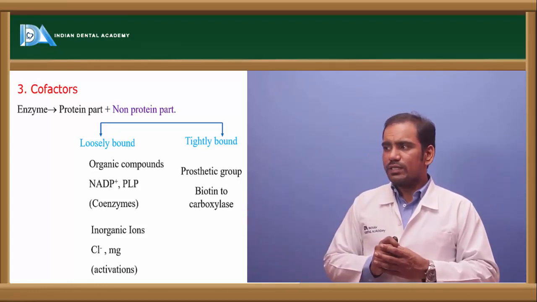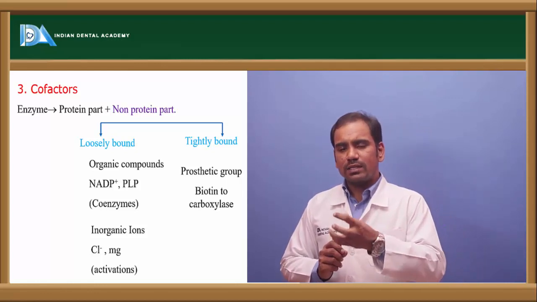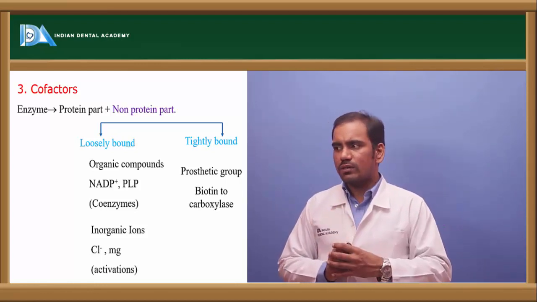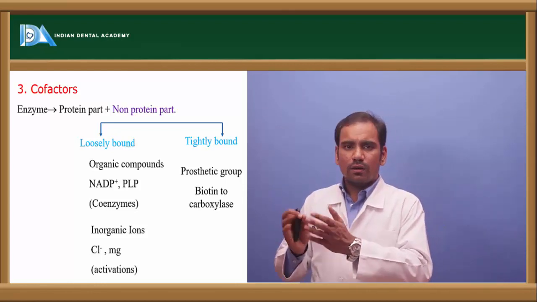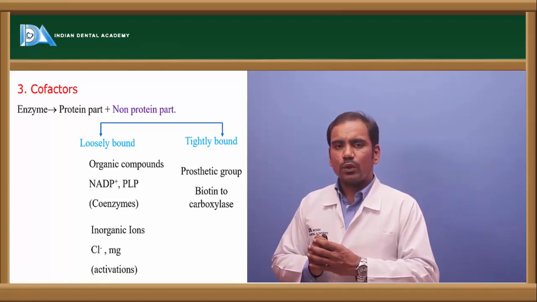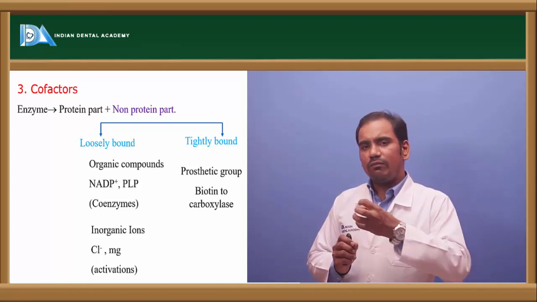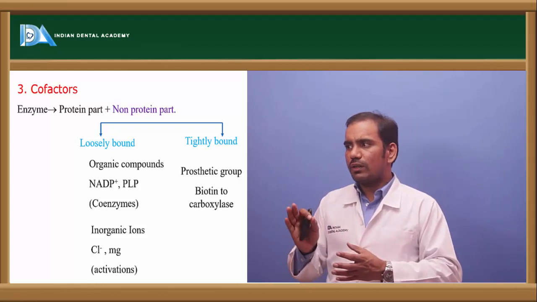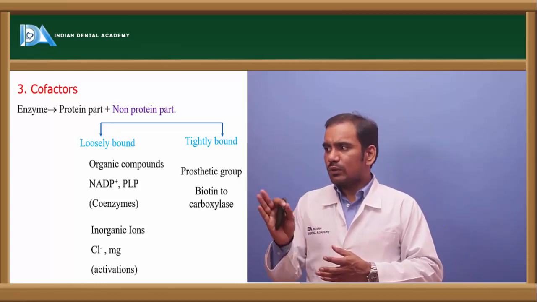Right? If it is a coenzyme, it means that the non-protein part binds with the enzyme in a loose association. If that non-protein part binds tightly with the enzyme, then we call it a prosthetic group. Right? Biotin is a prosthetic group.